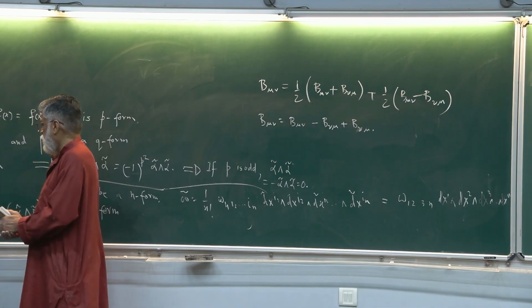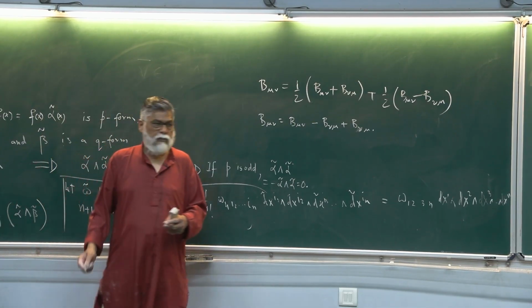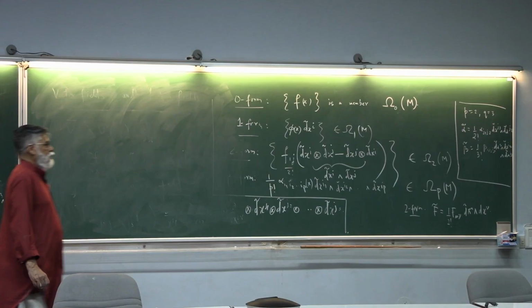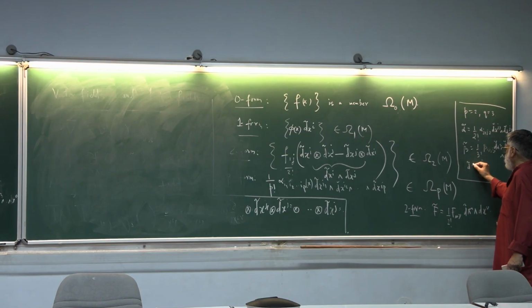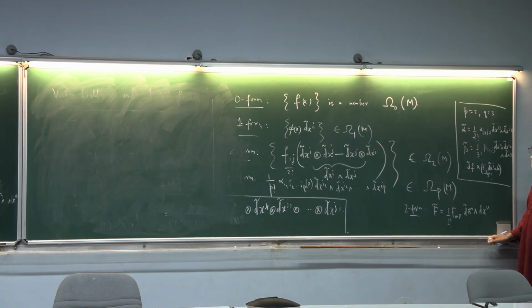Symmetric meaning what? You take a 1 form and a 2 form. A single form can be written as df. Then you take a wedge product with a 2 form, as we were talking about, Fij dxi wedge dxj over 2 factorial. Now we have obtained a 3 form, right? Will it be symmetric?